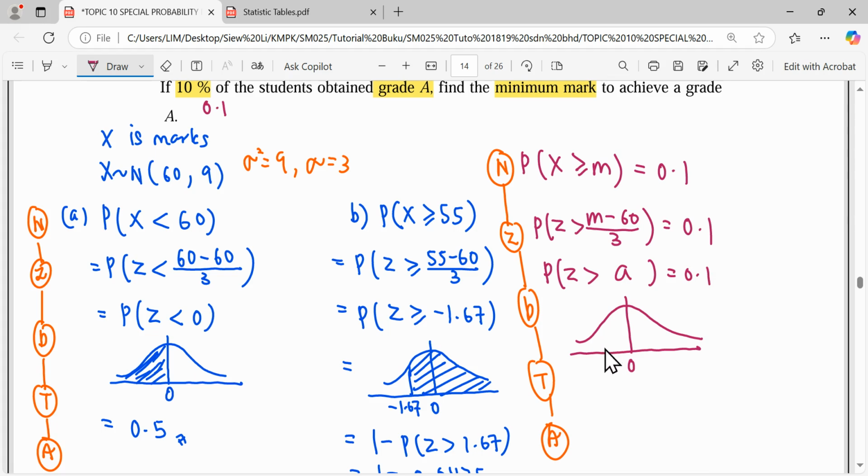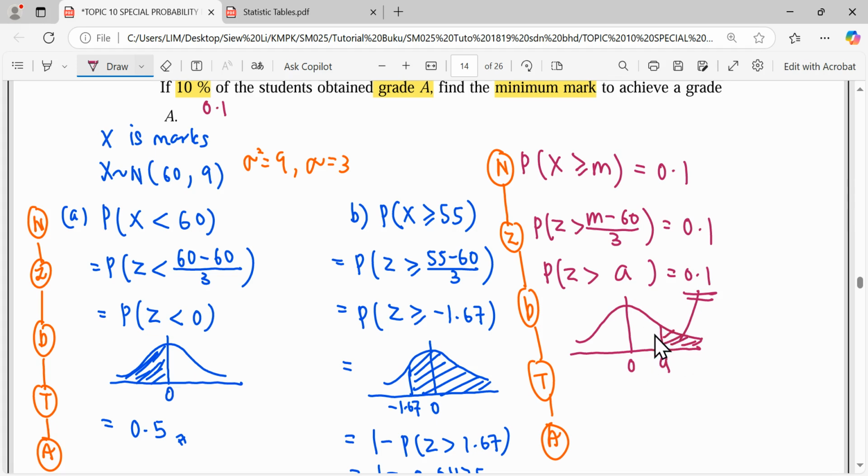If my A is located at negative, then you already have more than half of the area, and it should not be the value 0.1. If you have a region more than half, your probability should be more than 0.5. Therefore, the logic is that A has to be on the right hand side, a positive value, so that when you have Z more than that, this area can fulfill the figure 0.1. If you put it on the left hand side, the probability we get must be more than 0.5. So now we know that our A value is a positive value.